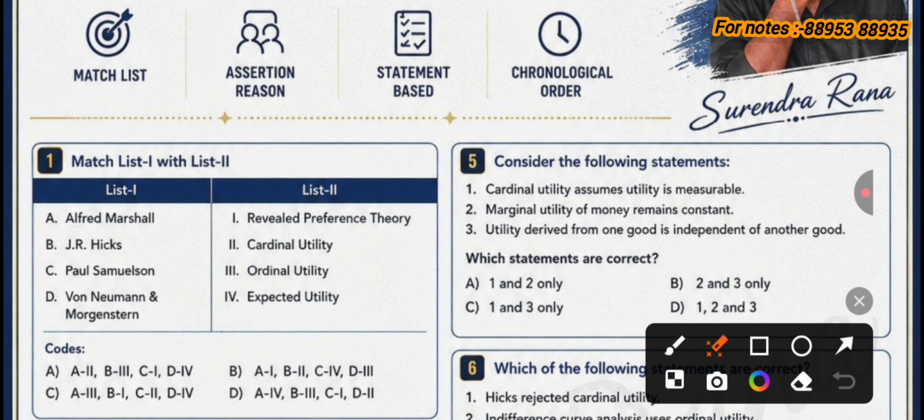The correct answer is option A. Alfred Marshall gave cardinal utility and J.R. Hicks gave ordinal utility. Paul Samuelson gave revealed preference theory, and this is expected utility theory, which is otherwise known as NM theory.